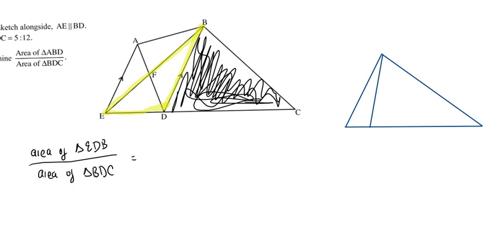Which triangle am I talking about? You see this smaller triangle here, and then that bigger triangle there. This bigger triangle here, and then this one that is inside.